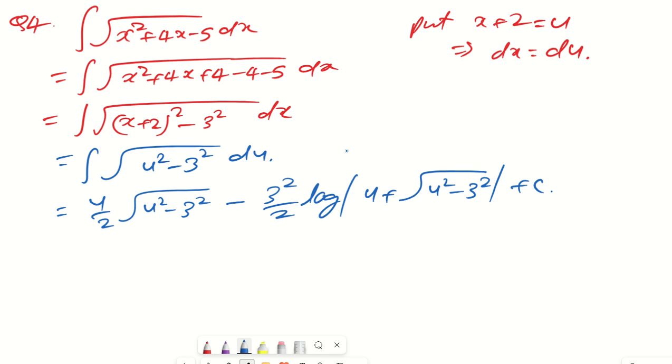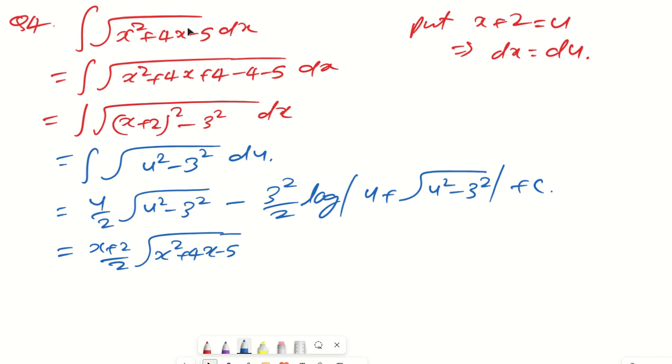If you solve this, u can be replaced by x plus 2, so I can write it down as x plus 2 by 2 square root of this, u square minus 3 square, which was actually written completely this one, so I can write directly. If you want to save your time, you can directly write this down. So it will be x square plus 4x minus 5, or if you want, you can put u equal to x plus 2 and then solve it.